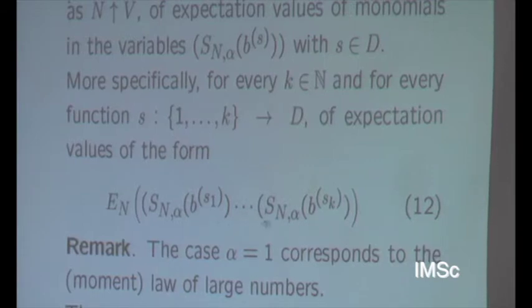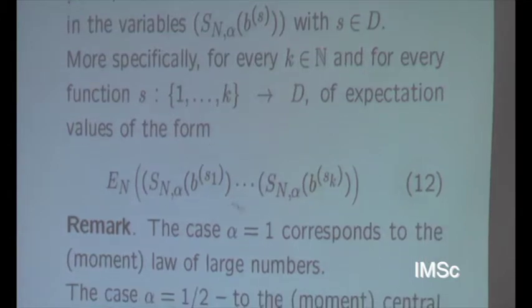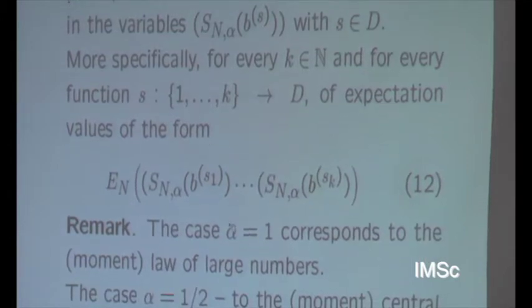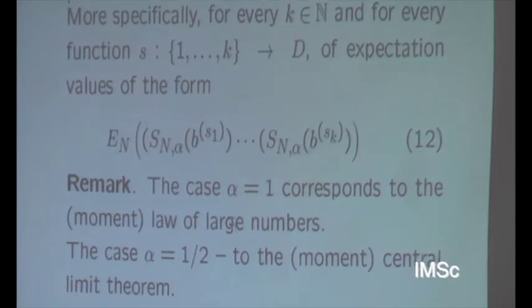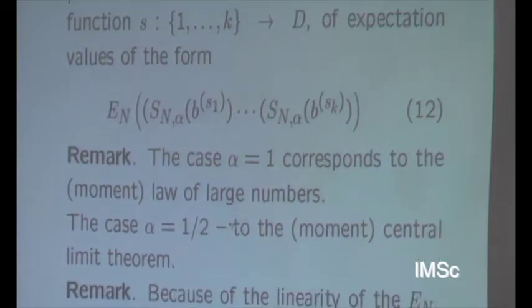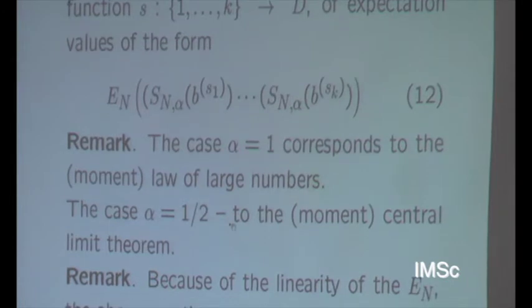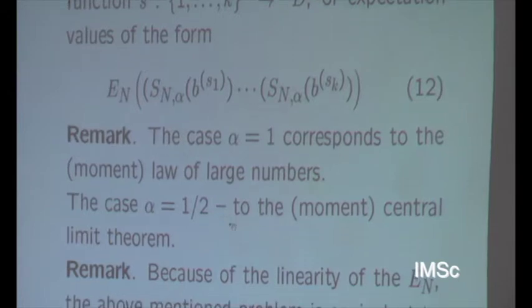That is why we need algebra structure. So if we take alpha equal to 1, we get the law of large numbers. If we take alpha equal to 1/2, we get the standard normalization of the central limit. You will see that for this way of stating the problem, no other possibility will be allowed, because we are considering convergence in the moment sense.